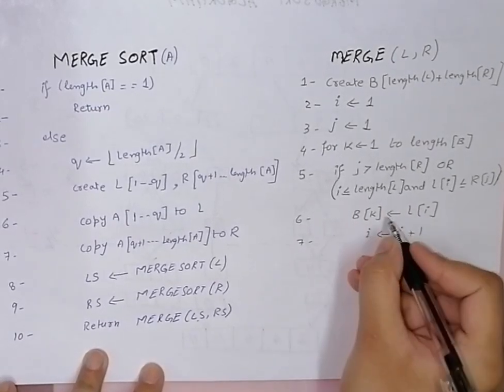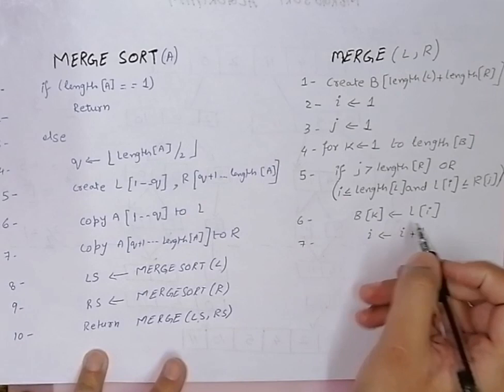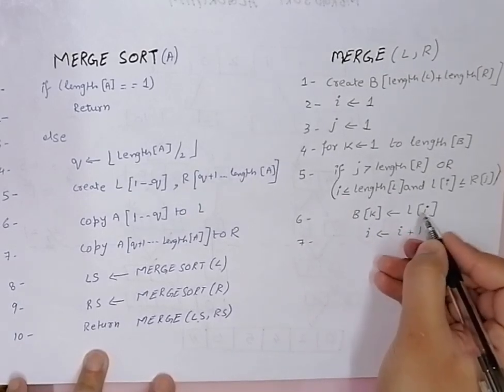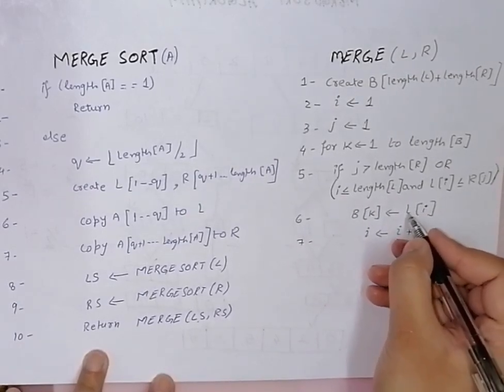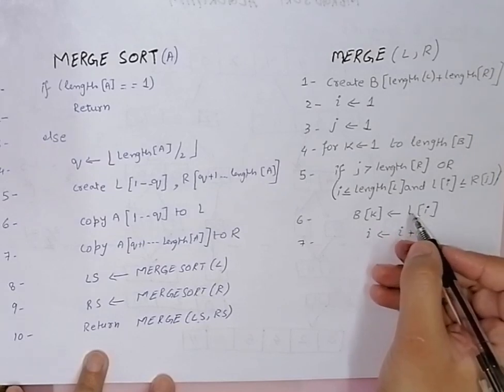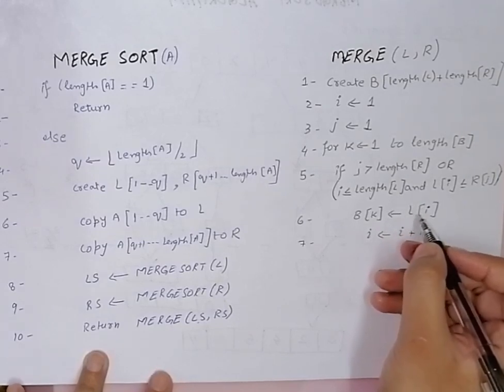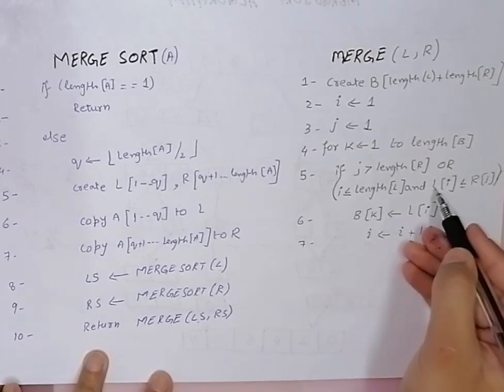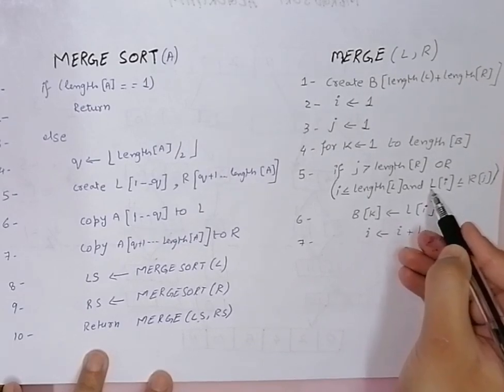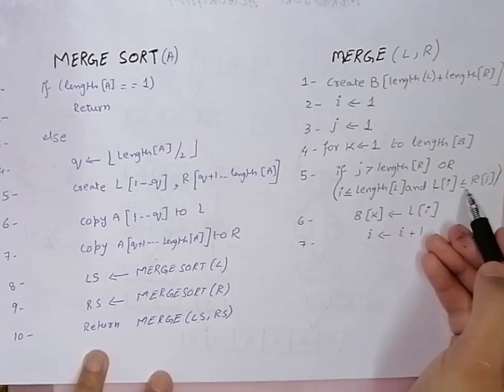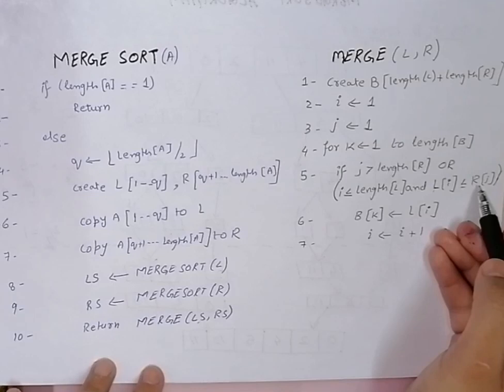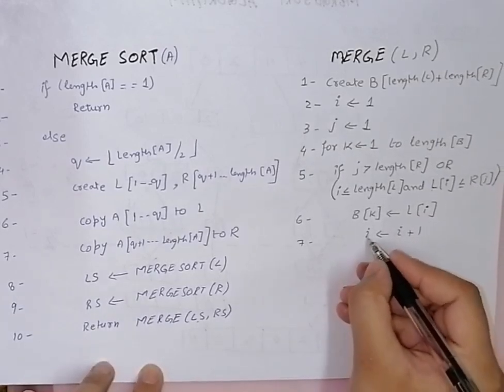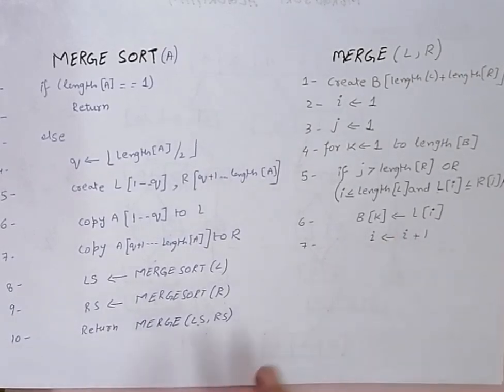This condition will make sure that the value of the left array is not greater than the right array. The value contained in the left array is less than or equal to the value contained in the right array. That's why I have moved I one step and J another step.